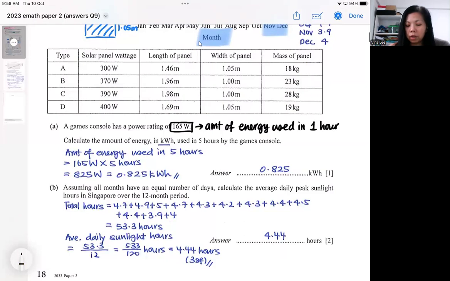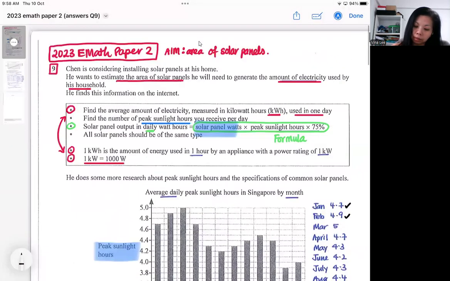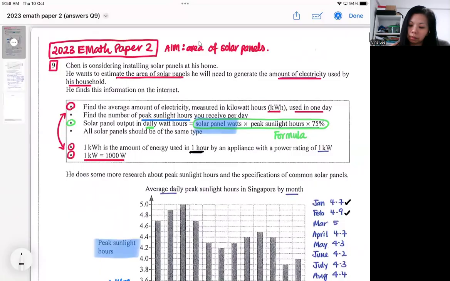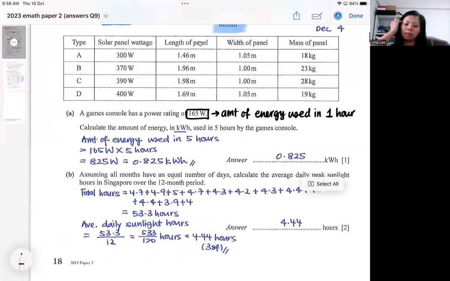That is the definition given here. Since it has a power rating of 165, in 1 hour it will consume 165 watts of energy. We want to know the energy in kilowatts for 5 hours.